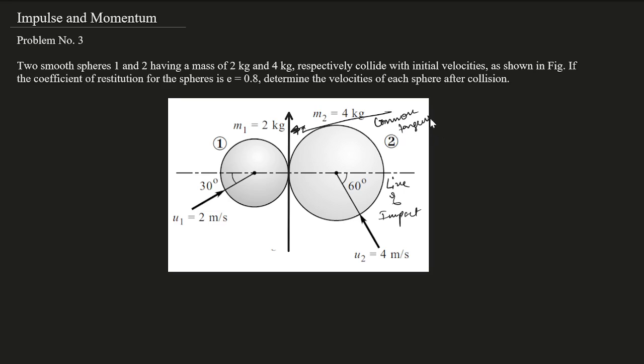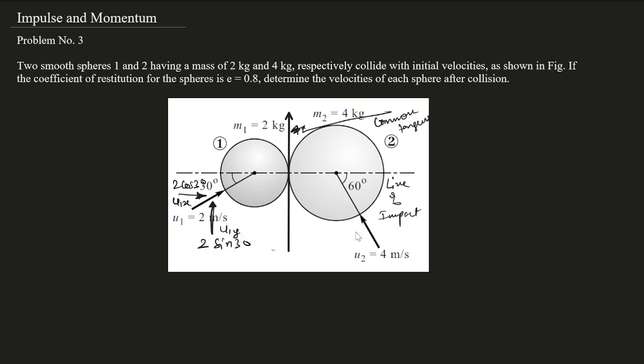Now we have two spheres. The velocities are inclined, that means we have to resolve the velocities. So here 2 sine 30, this will be 2 cos 30. Cos 30 is nothing but u1x, the x component, and the sine component is u1y.